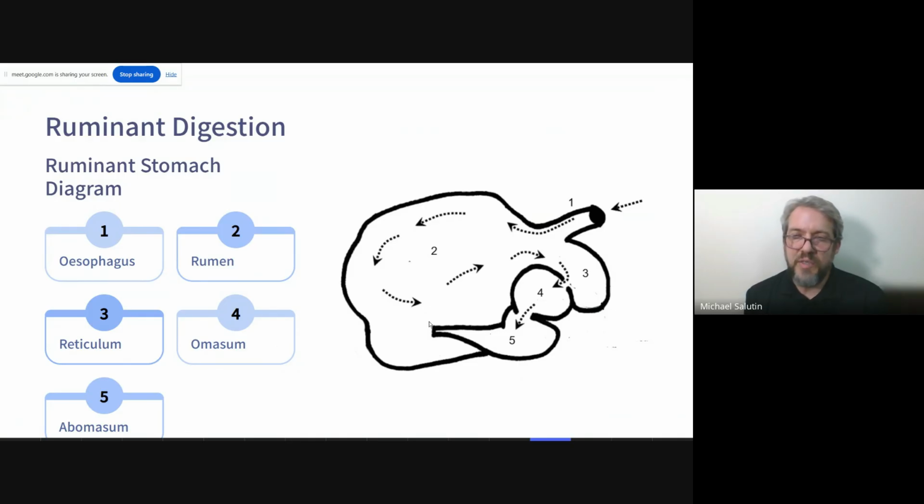So you have normal peristalsis down the esophagus, number 1, right back to number 2, the rumen, the fermentation chamber. And this can happen a few times. It's the reason you often see cows just chewing and not picking grass or biting grass, because they have to spend probably more time actually chewing and re-chewing and ruminating that grass than they do actually ingesting it.